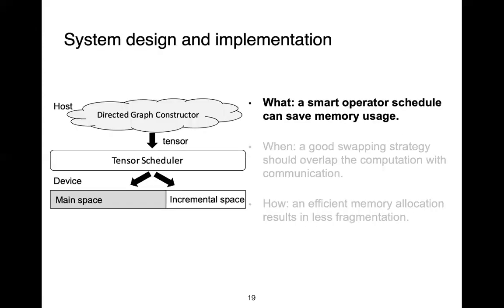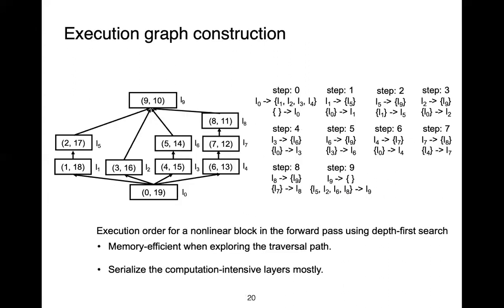Firstly, I will talk about what operators should be executed to reduce the memory requirement. Please note that the GPU can only process a single layer's computation at any time. So, given a nonlinear network, we need a memory-efficient approach to set up the execution order.